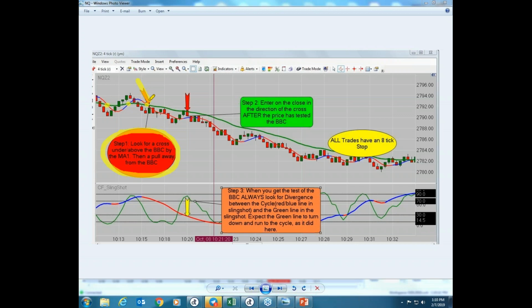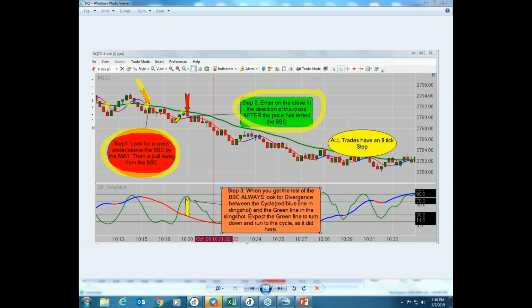Note that I didn't say go long, go short, go long, go short. I said you're looking for shorting opportunities because that kind of leads us into step number 2. Okay, and step number 2 is this. After the cross, the normal thing for the market to do is to gravitate toward that BBC, the green line.